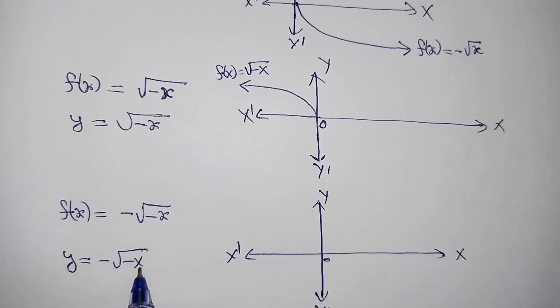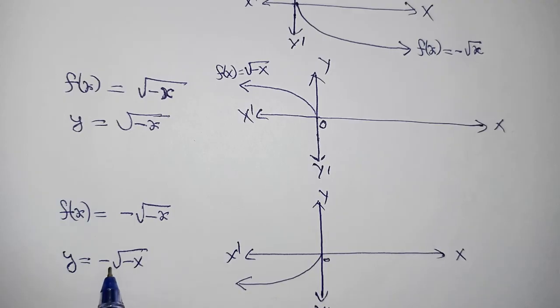So here x is negative because the negative sign is there, which means x will lie on the negative side of the x-axis, and y is again, due to this negative sign, negative, that means this side, and this will be the graph.